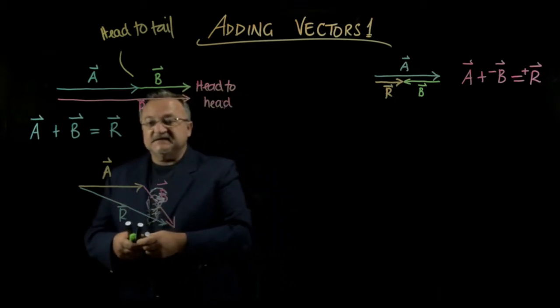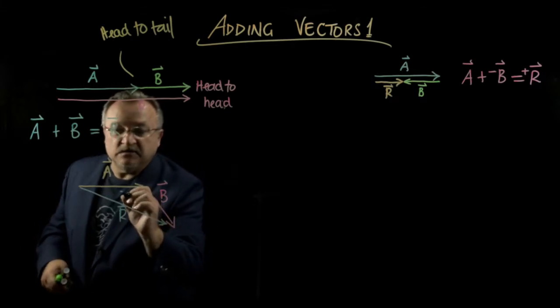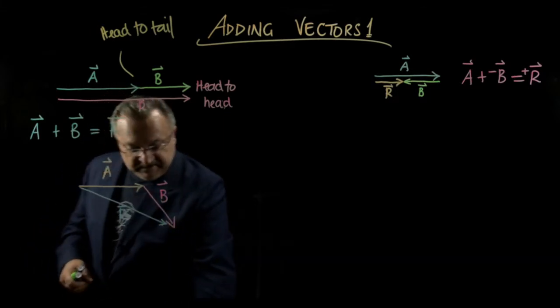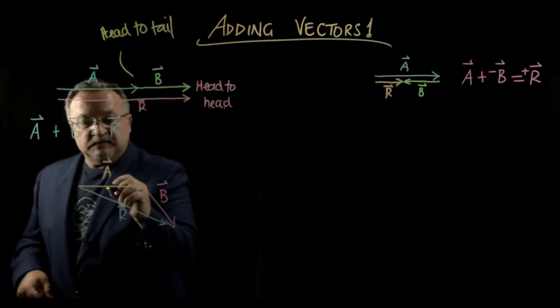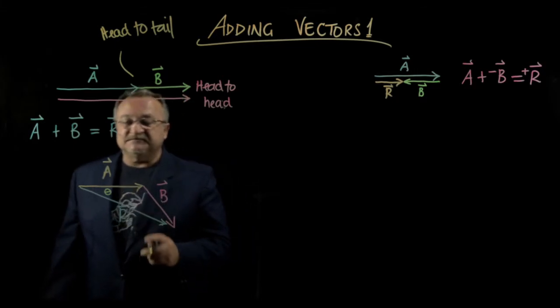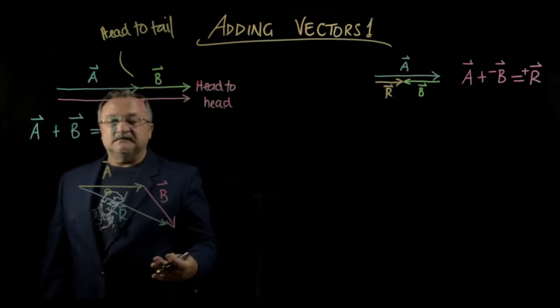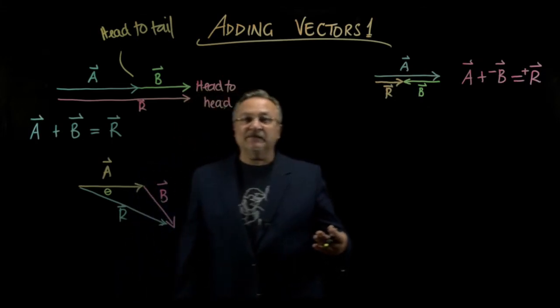Now in this particular case, we need to specify an angle. So this time we need an angle. Let's call that angle theta. So to find the direction of theta, we need to consider the direction relative to, let's say, a compass bearing.